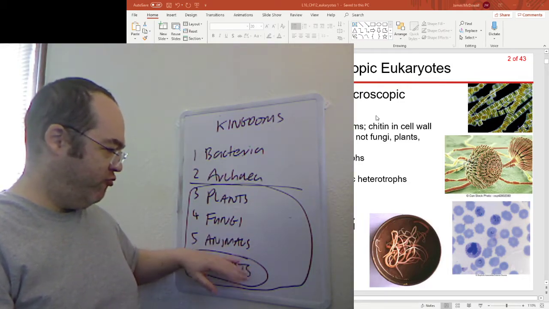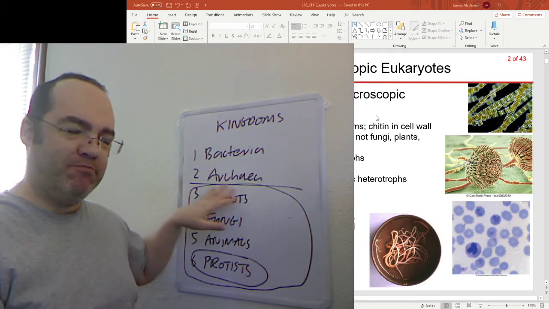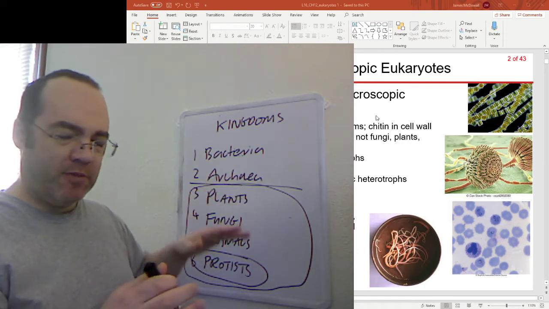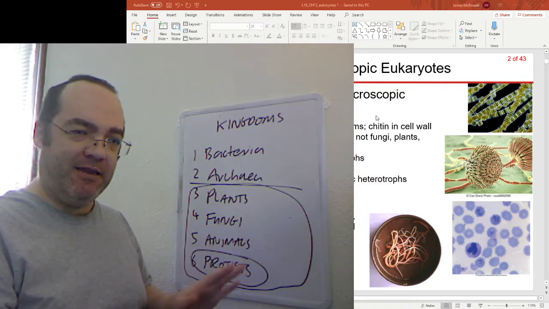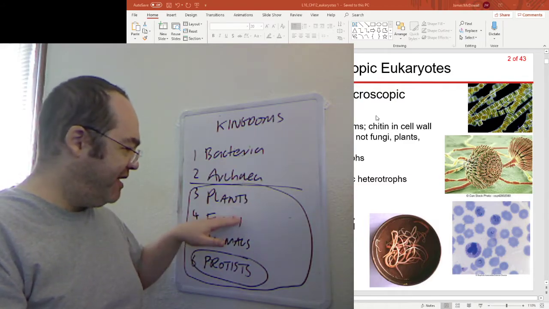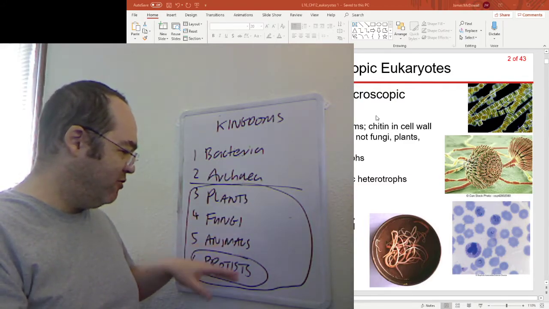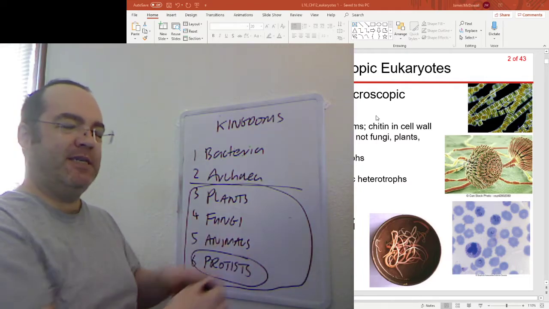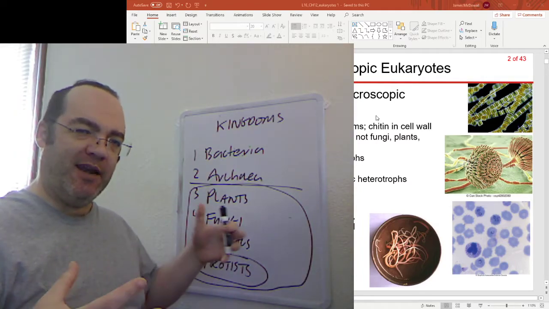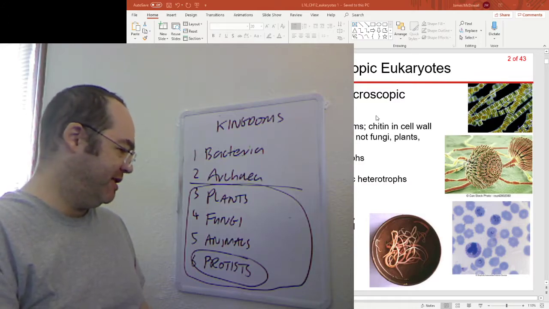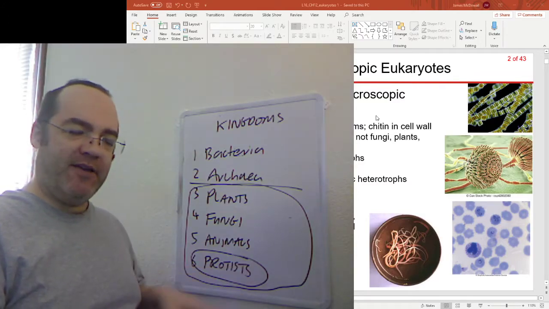that really wasn't much like a plant, at least physically, appearance-wise. It didn't really fit in the fungi, it didn't really fit in the animals. So all of these disparate organisms were lumped together in the protists. And they don't belong together.